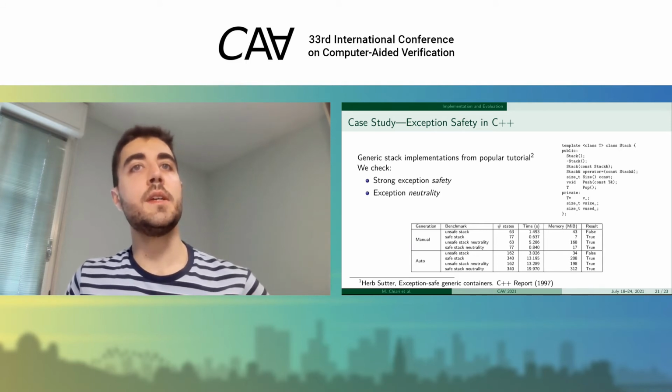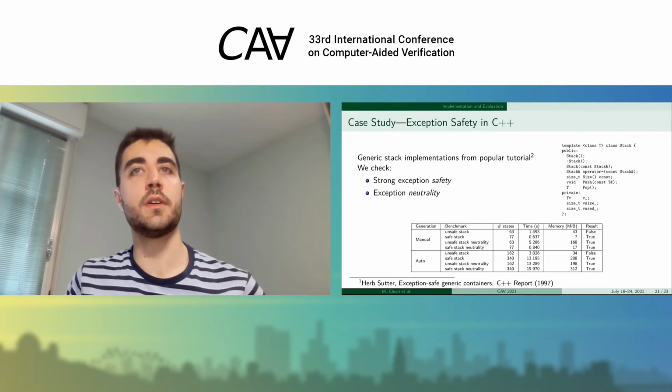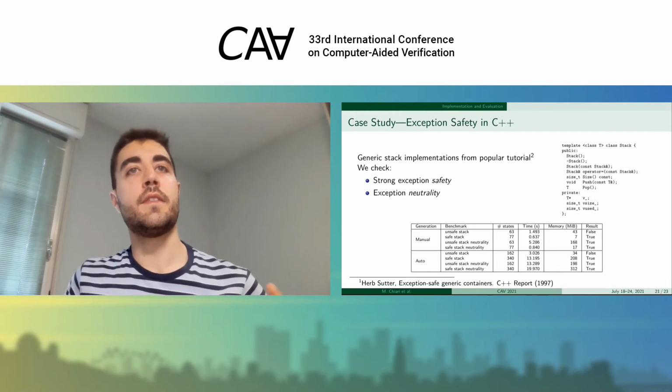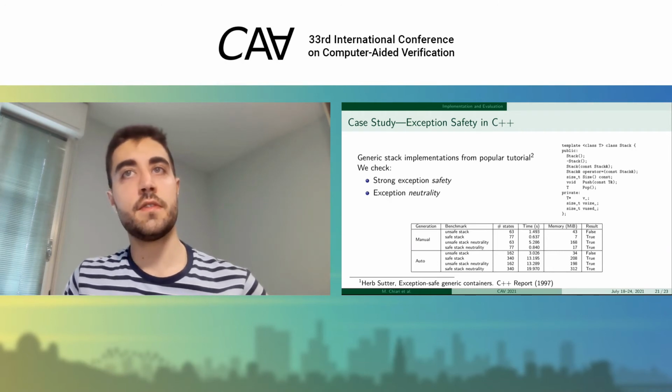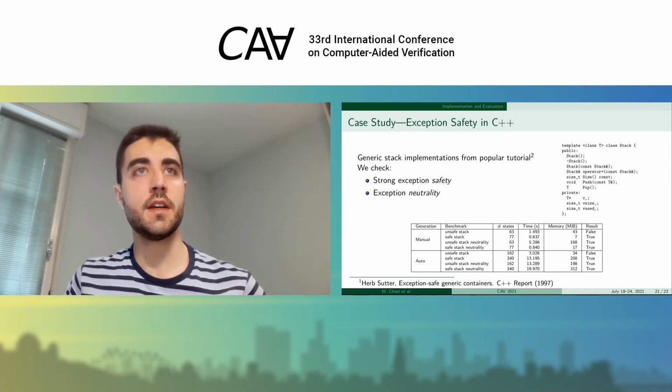Exception neutrality means that whenever an exception is thrown in one of these operations, then it is propagated outside and never blocked. And we have an implementation that abides to these properties, and one that is not safe. We modeled both manually and automatically, and as you can see, they can be checked in a very short time.